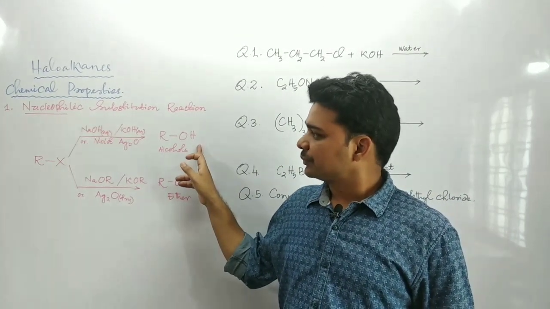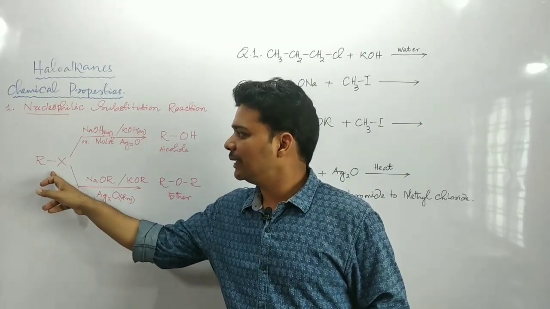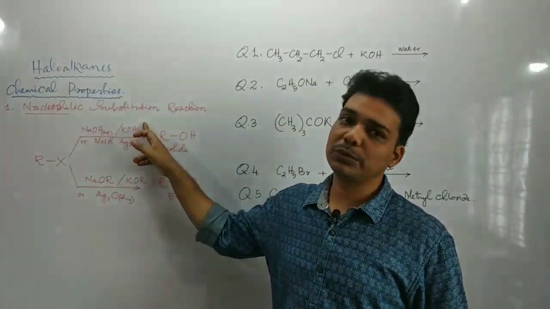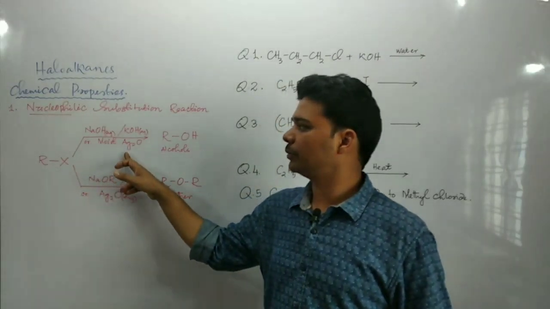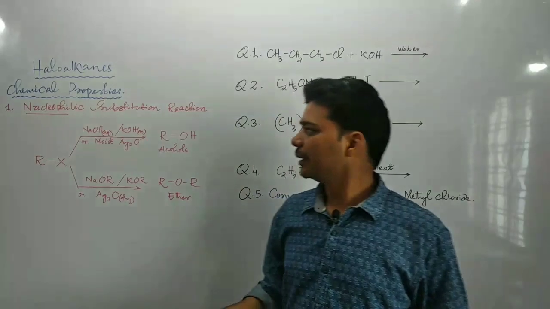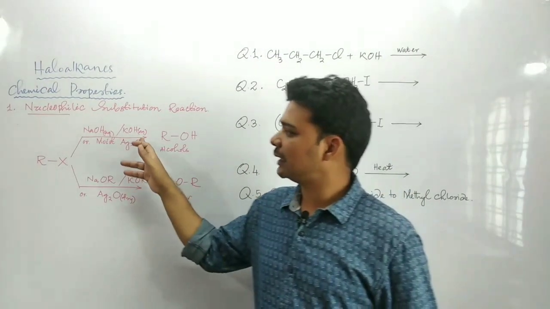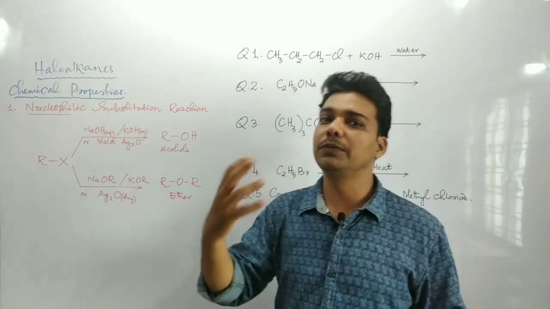For example, alcohols can be obtained when alkyl halide is treated with aqueous solution of sodium hydroxide or potassium hydroxide. Even this reaction can be carried out in the presence of moist silver oxide. Here the hydroxide ion is the nucleophile and that will substitute the halide ion such that alcohol will result.